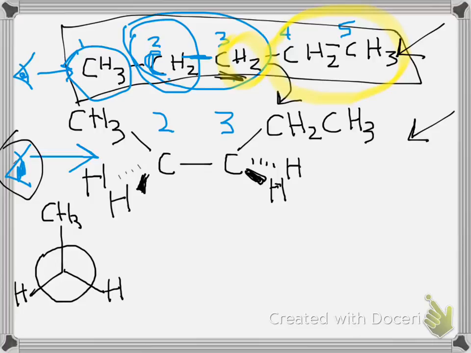Now notice the ethyl group, the CH2CH3 group, is in the plane with the other carbons. So in the perspective I've drawn it here, the conformation has the CH2CH3 group, which I know is messy the way I've drawn it, so I'm going to go back. Okay, there we go.